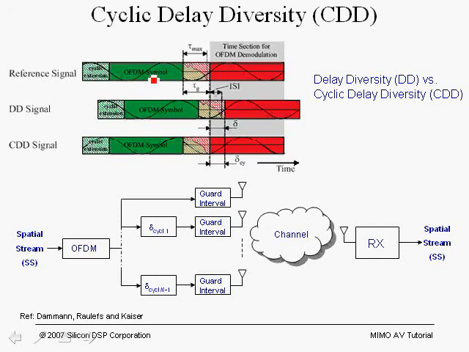The OFDM symbol itself is 3.2 microseconds, and the cyclic prefix is 0.8 microseconds, for an overall length of 4 microseconds. So here we see that the cyclic prefix is an exact copy of this part of the OFDM symbol that is then prefixed to the OFDM symbol, forming the overall OFDM symbol of 4 microseconds with cyclic prefix.